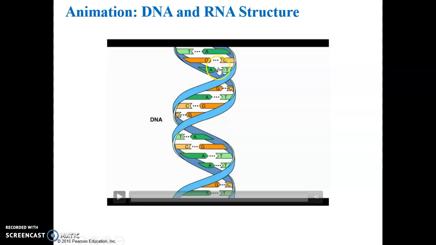And then the base pairings are always complementary. T always binds with A, A always binding with T, or G binds with C, C binds with G. So they're complementary to each other because of their structures, the bases are. But notice that because they are complementary to each other, if you know the base sequence of one strand of DNA, you can easily determine the other base sequence.